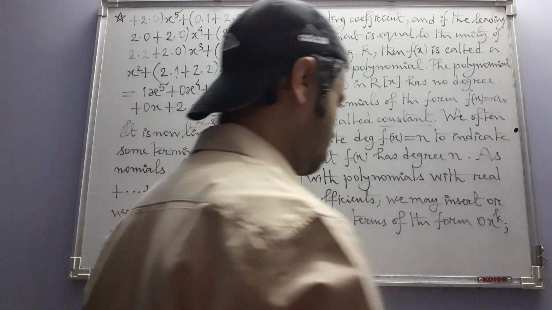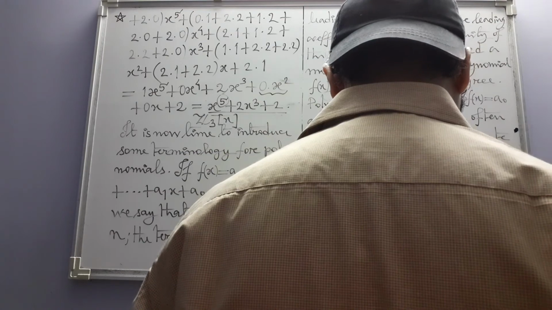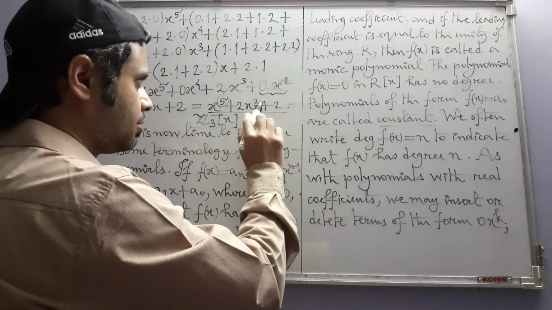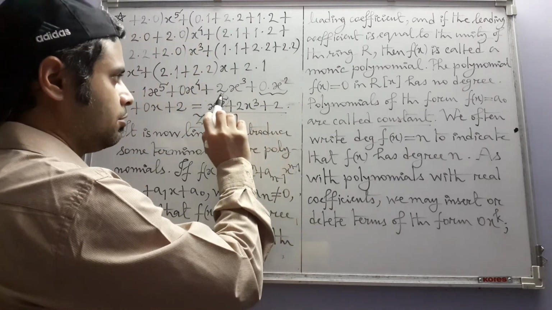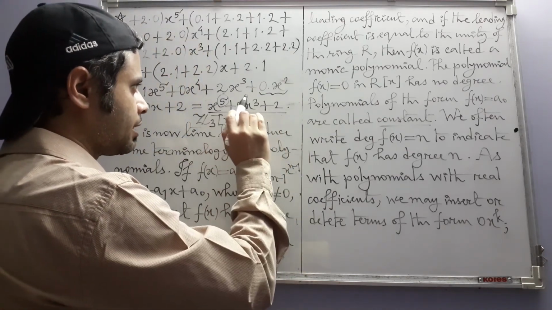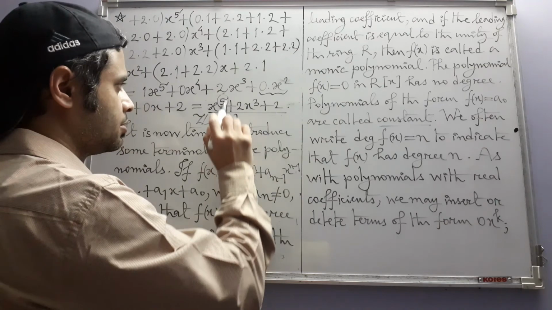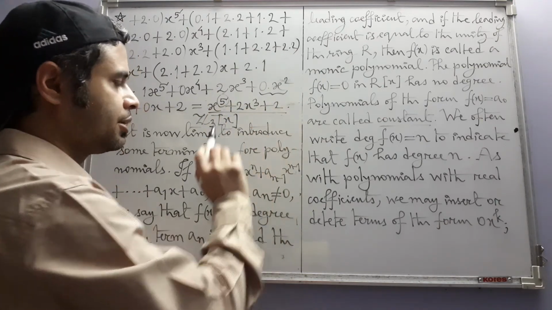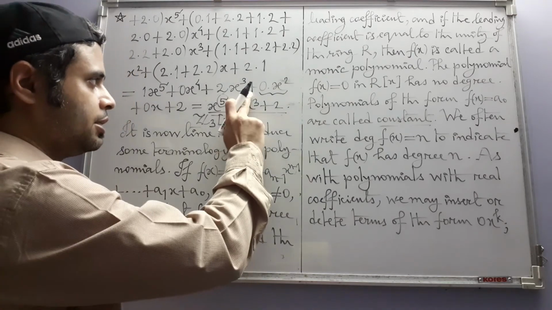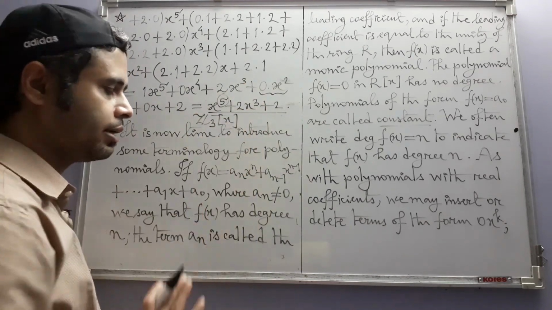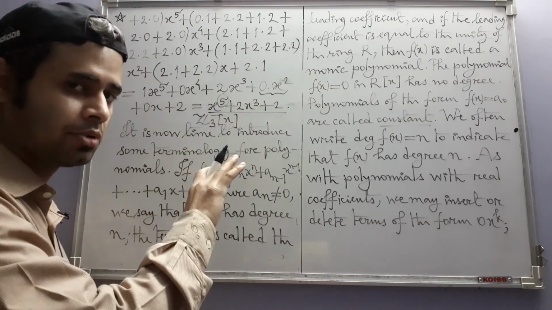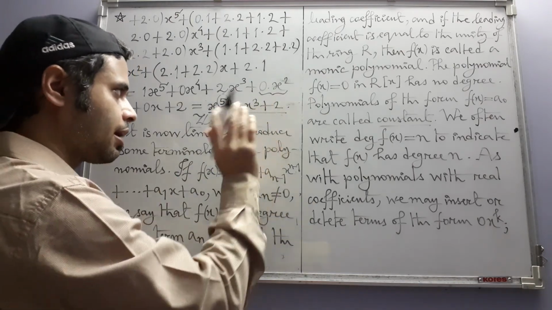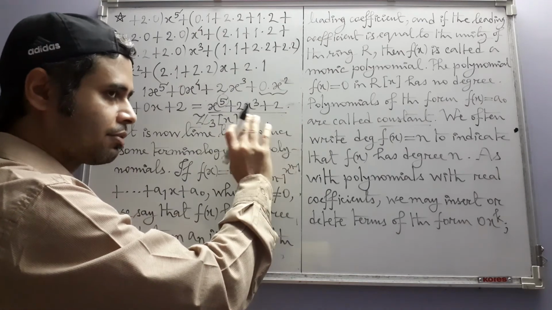However, keep one thing in mind: don't interpret this as 2x cube plus 0x square has become 2x cube. No, this plus is not your ring addition. This plus is the formal symbol plus. So these terms are there, but they have not been written.